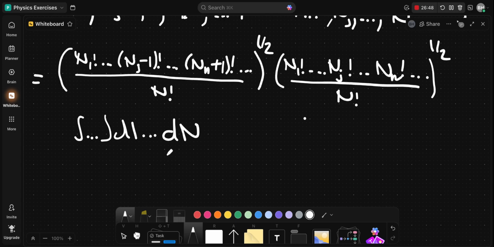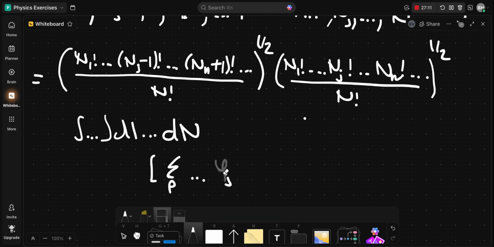But here we have to be a little bit careful because we have a sum over permutations. You know what? The easiest way to do this is to put the phi_j and phi_k out in front. It doesn't really matter which order we put them in, so let me put the orbitals in.